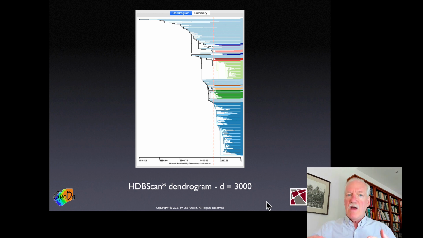Then we turn that graph into a minimum spanning tree and apply a cut for a given core distance, or in other words, for a given density. They're the inverse of each other. So the smaller the distance, the higher the density, and vice versa. And this is equivalent to constructing a single linkage hierarchical cluster based on a mutual reachability distance and performing a cut in the resulting dendrogram.